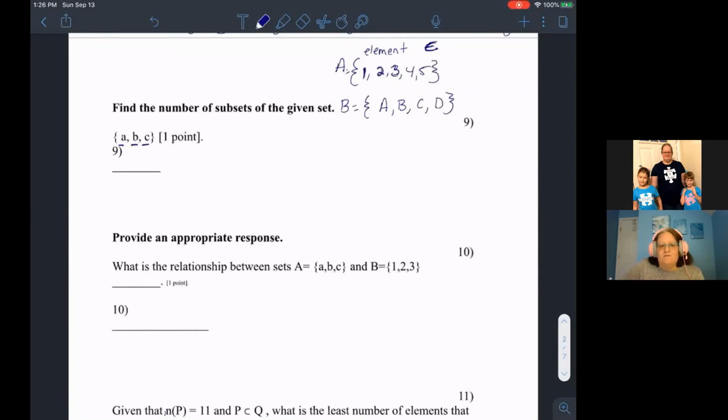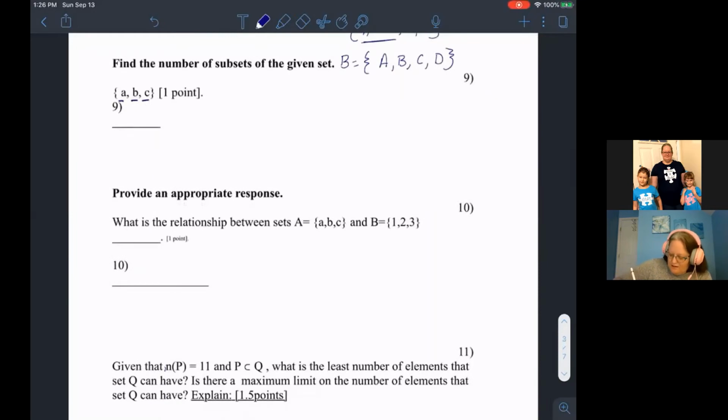So to find the number of subsets, a subset is any number that's included in a set. So like say the set ABC.